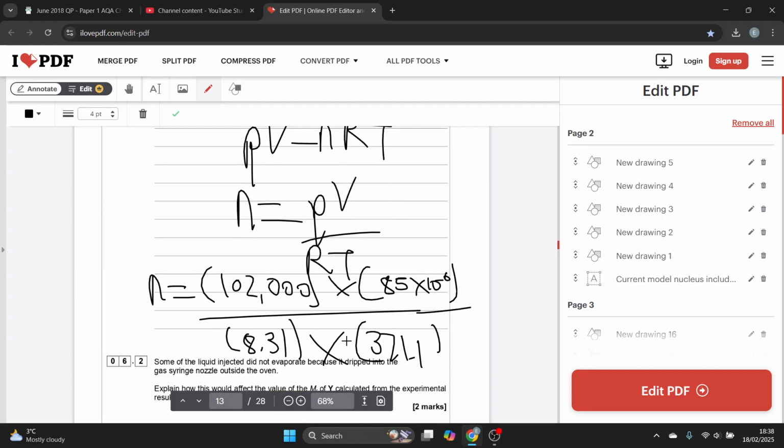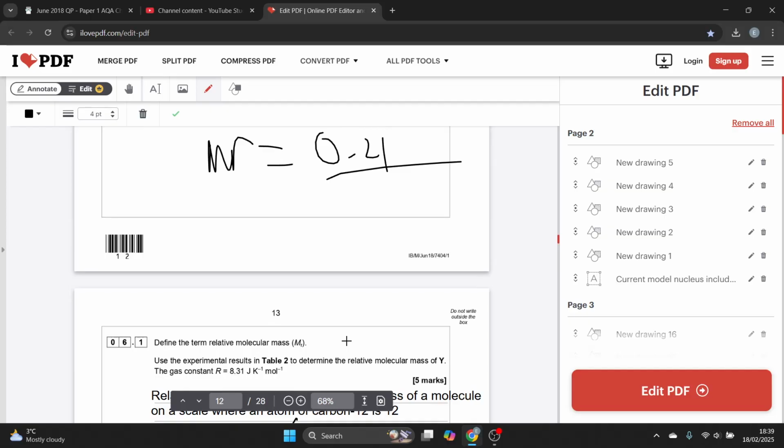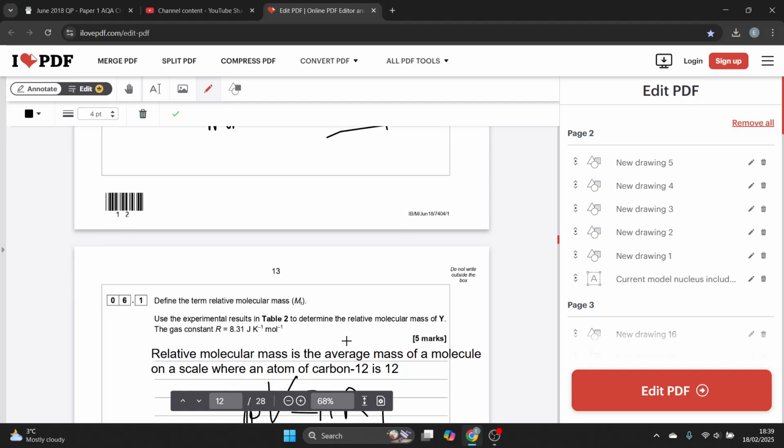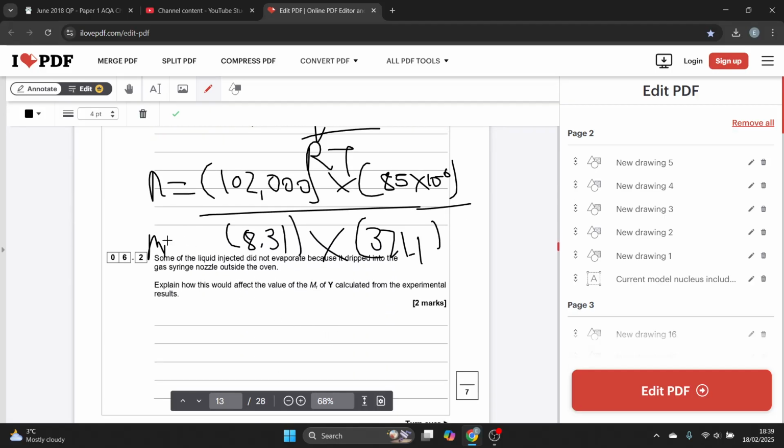Now work out the number of moles: 102,000 times 85 times 10 to the power minus 6 divided by 8.31 times 371.1, and then the mass, 0.21, divided by the number of moles, 75 is the MR. Rounded to significant figures, that was 75. But in reality, I should probably say 74.7, but 75 is perfectly fine.